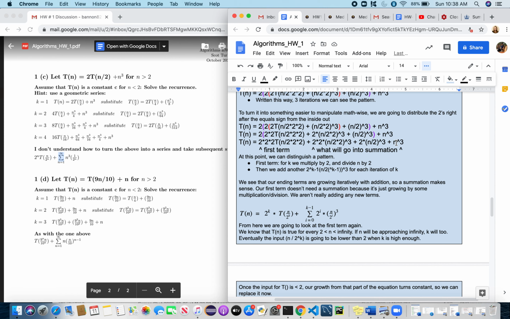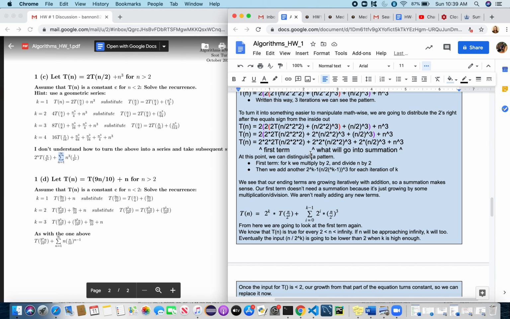We add 1 on with each iteration inwards, but it's not the same exact thing that we're adding on. This was our first one that we started with, and then when we went another iteration in, we had 2 times n over 2 cubed. And then when we went another one in, 2 times n over 2 times 2 cubed.